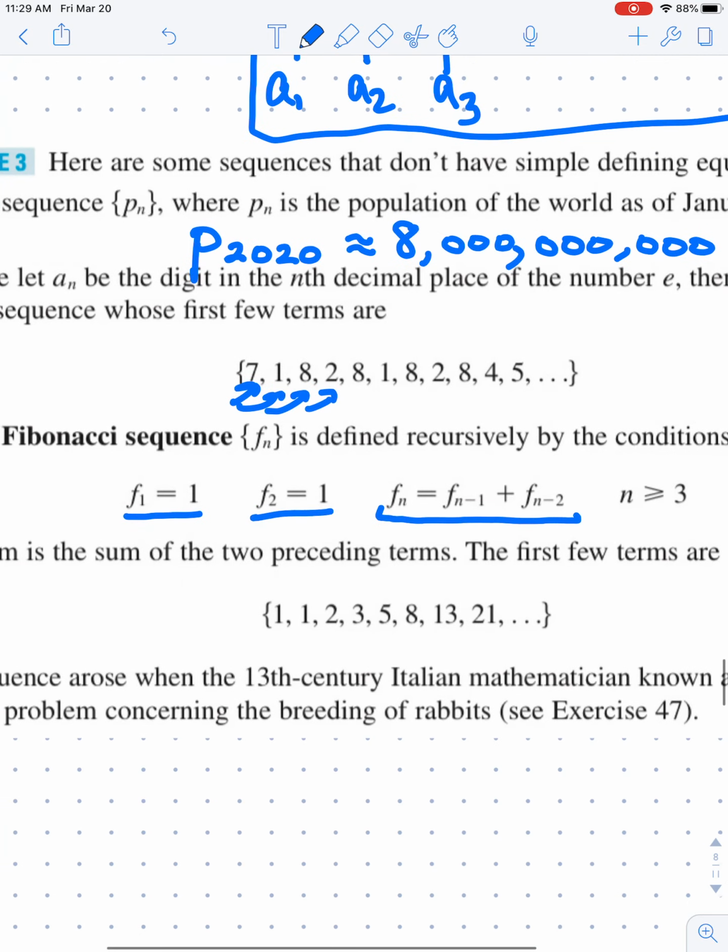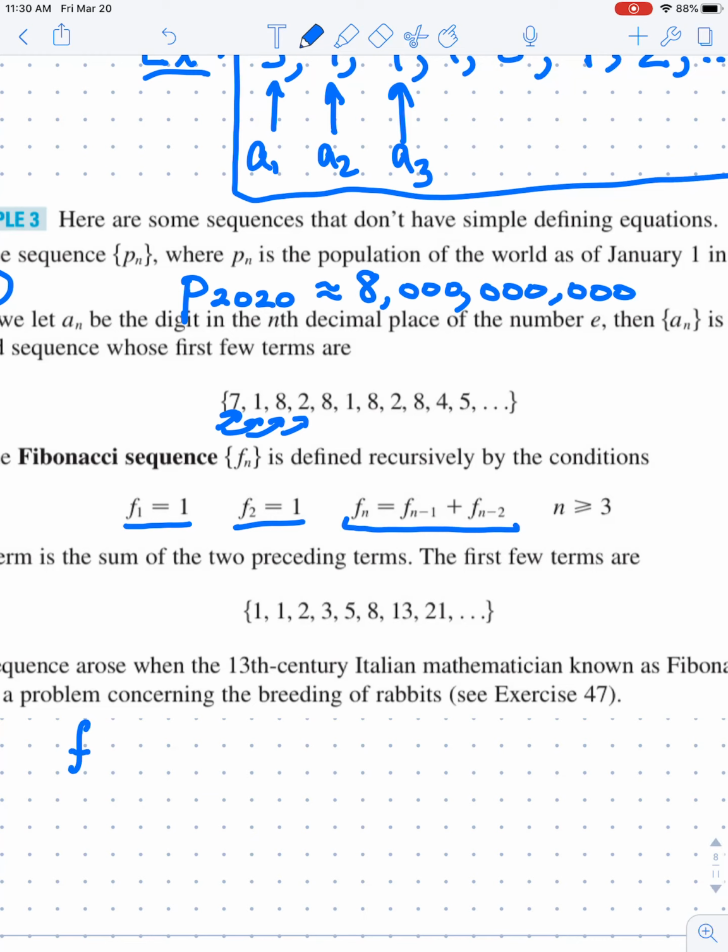In other words, F3 is equal to F2 plus F1, right? If I want to know the next term, Fn, I just take the term before it, and I add the term before that.